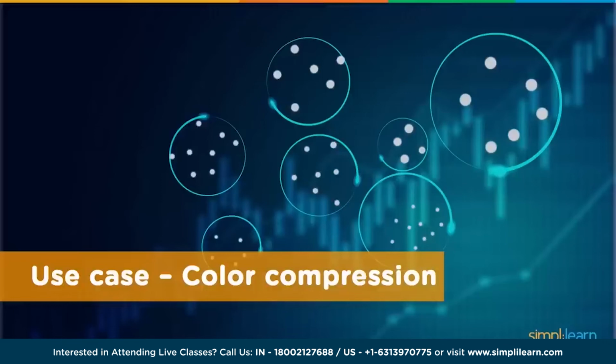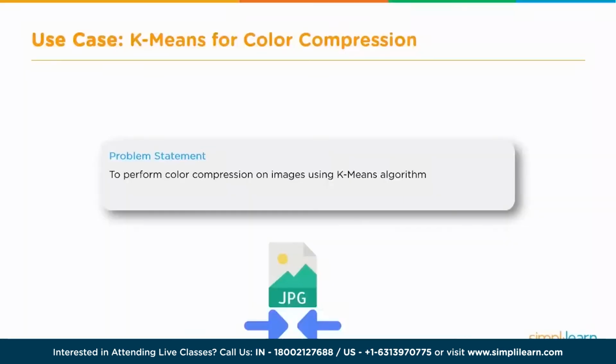We will take a couple of images, so there will be 2 examples, and we will use k-means clustering to compress the colors. This is a common situation in image processing when you have an image with millions of colors, but you cannot render it on some devices which may not have enough memory. That is the scenario where something like this can be used.